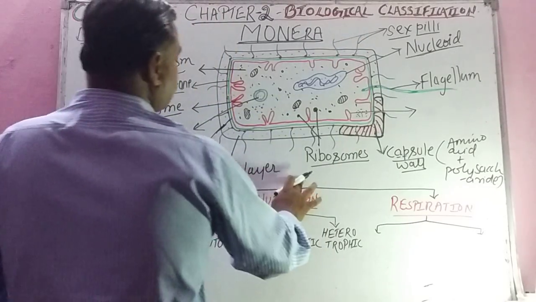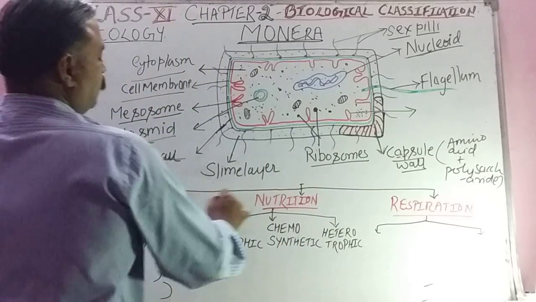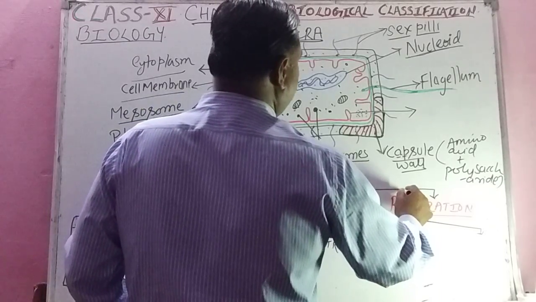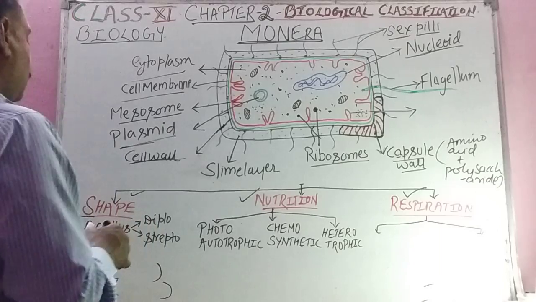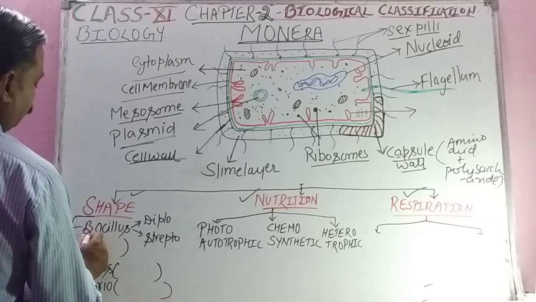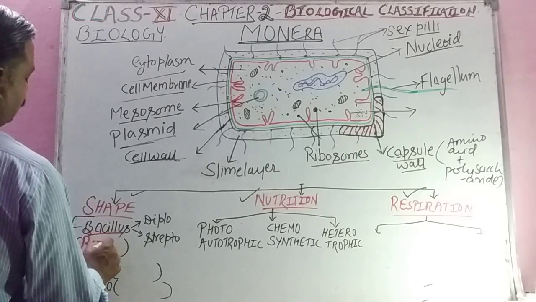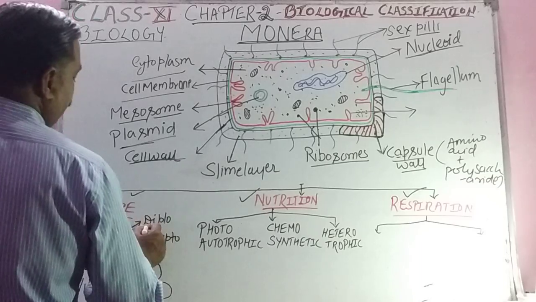Now students, we have to study Monera's shape, kind of mode of nutrition and respiration. Students, the shape of bacteria, popular shape is bacillus. Bacillus means rod shape, and they are in two categories.